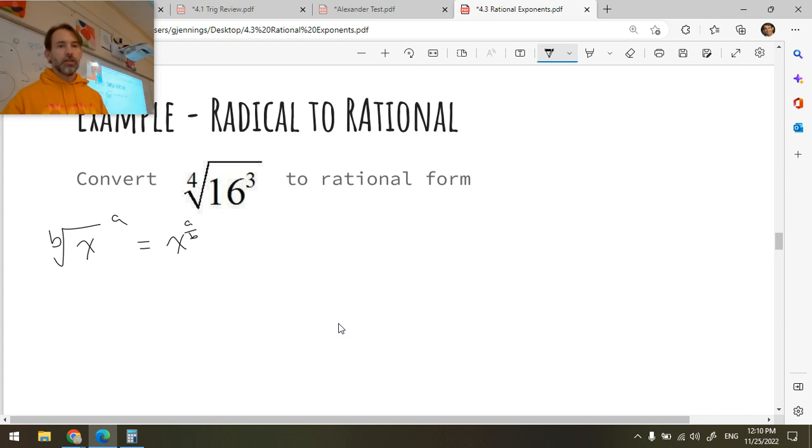So in this case, the fourth root of 16 to the 3 is going to equal, well, 16 is still the base, 3 is the numerator, and 4 is the denominator. And now, before we go forward, we would guess that our answer here would be less than 16, but bigger than 1. What would you guess this answer is here? 16 to the 3/4.